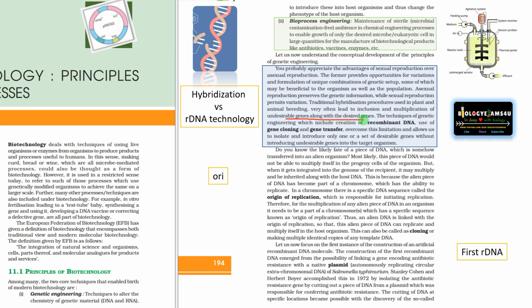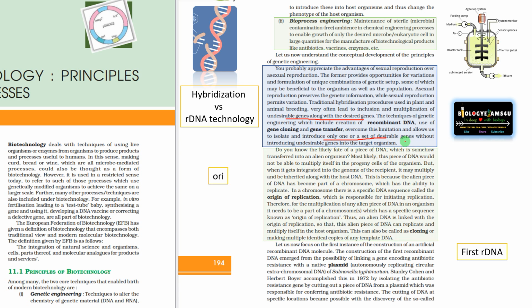But in recombinant DNA technology or gene cloning, we are specifically isolating and introducing a set of desirable genes without introducing undesirable genes into the target organism. So the process is specific. We are introducing a specific gene that will provide a desirable trait in the host. That's the basic difference between hybridization and recombinant DNA technology.